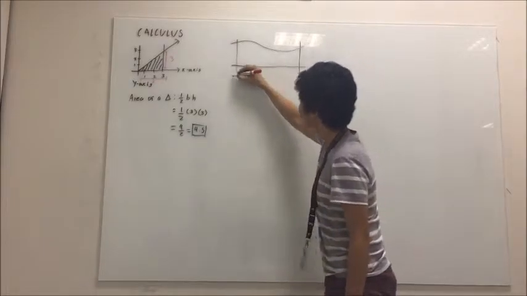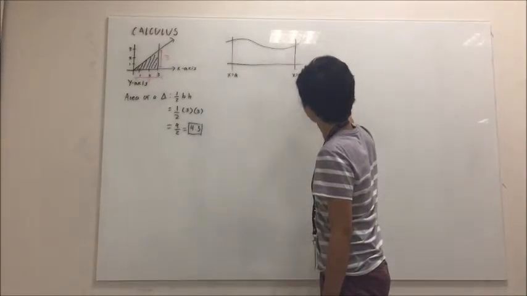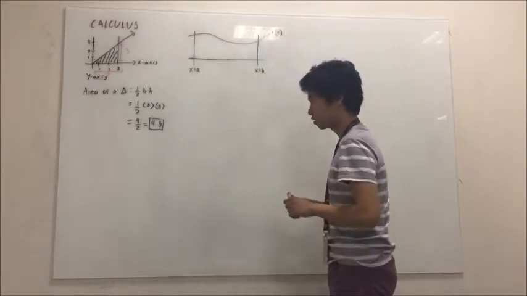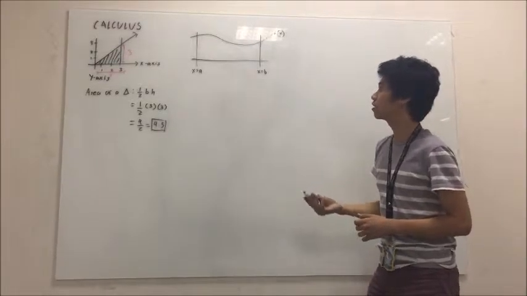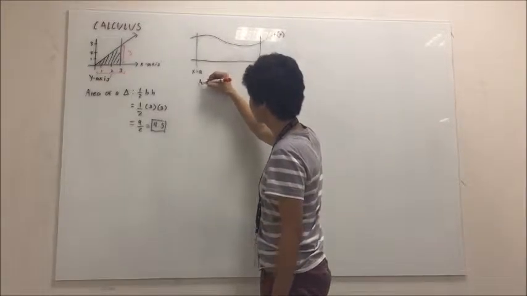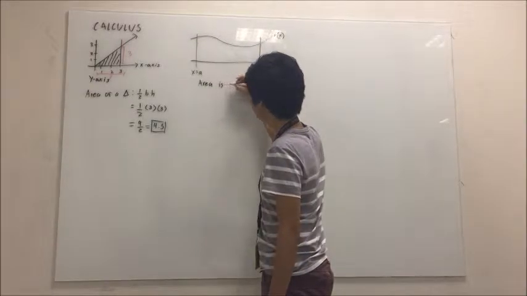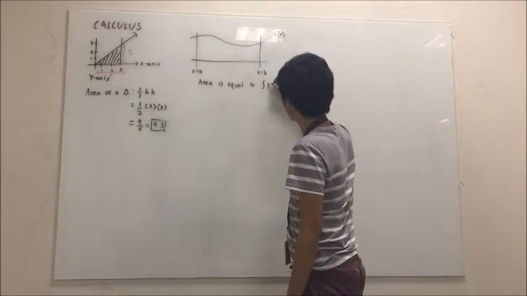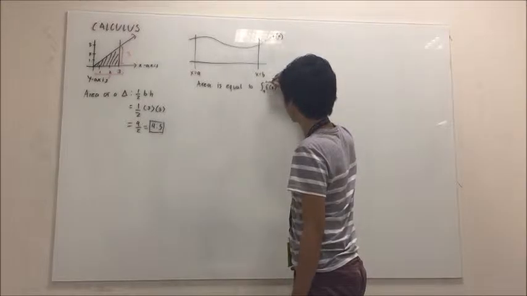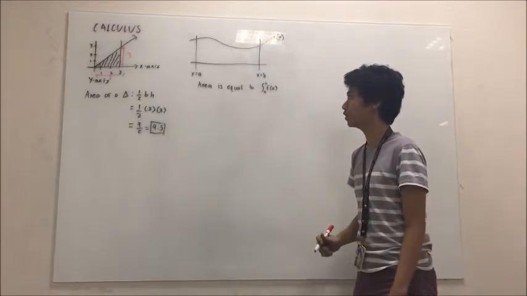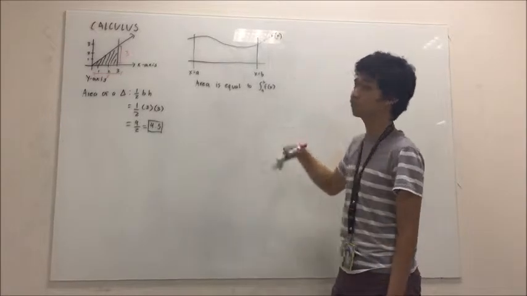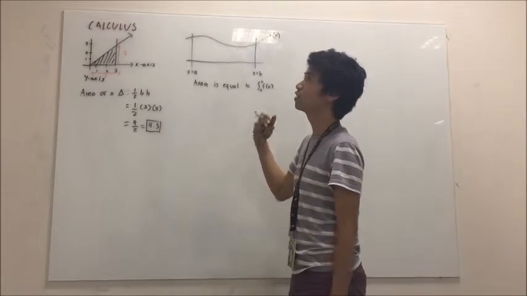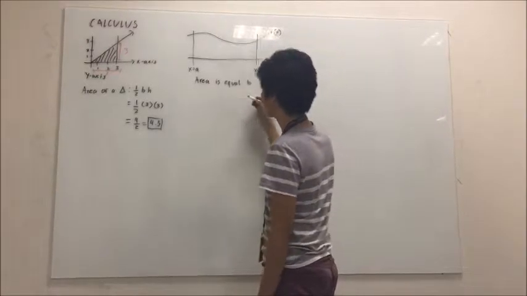We can also look for an area using an integral, because an area is equal to the integral of f of x from a to b. We can actually use this concept with the same graph or the given set of lines for the region.